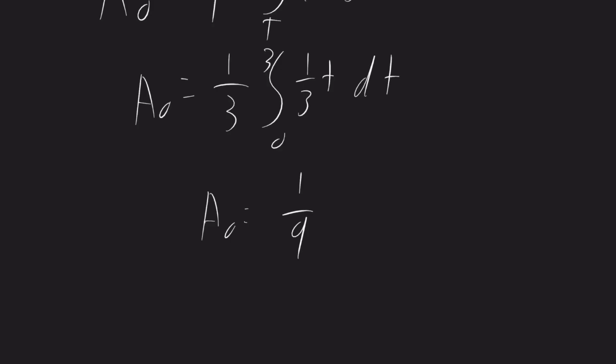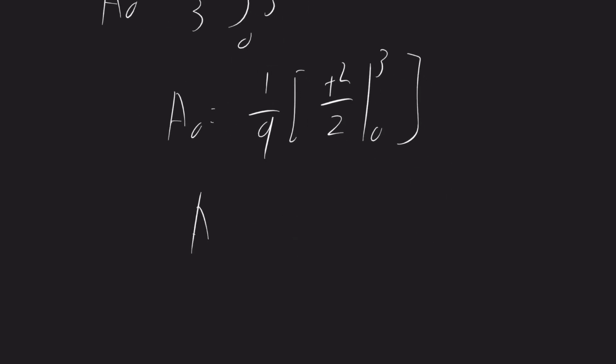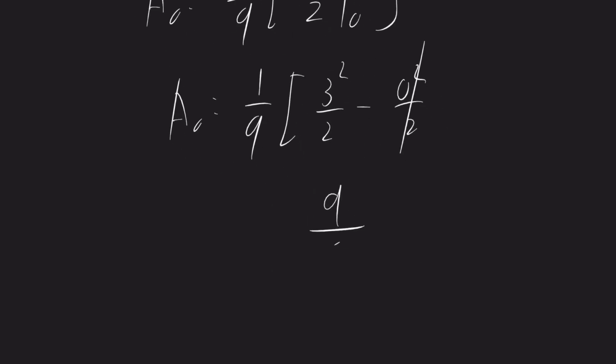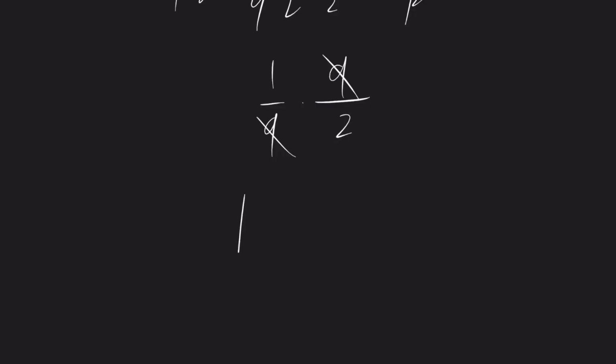It'll be 1/9 times the integral of t, which will be t squared over 2, bounded from 0 to 3. So it'll be 1/9 times 3 squared over 2 minus 0 squared over 2. So it'll be 9 over 2 times 1/9. These 9's will cancel, and a naught will be 1/2.